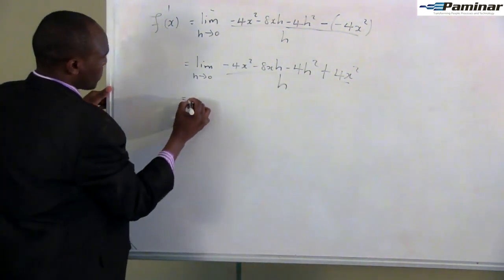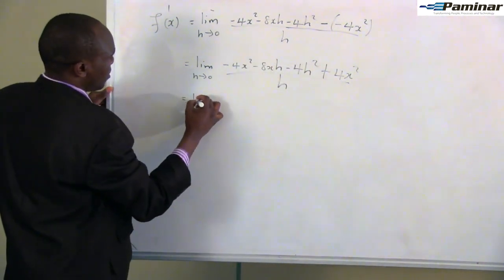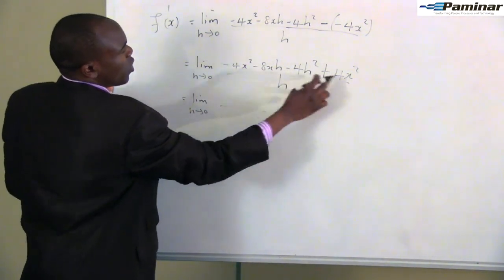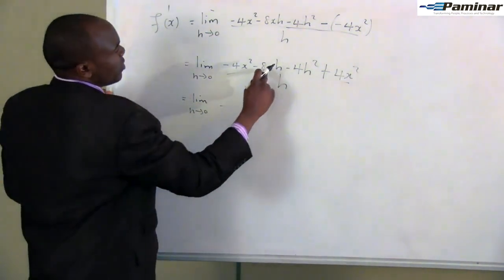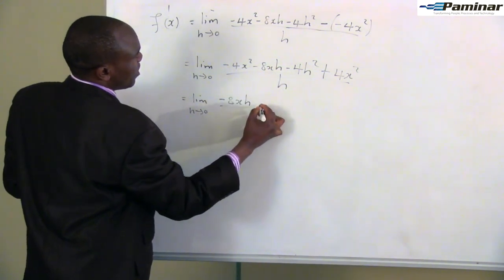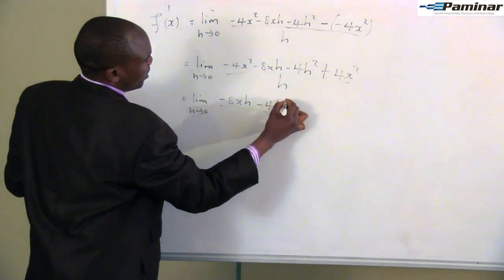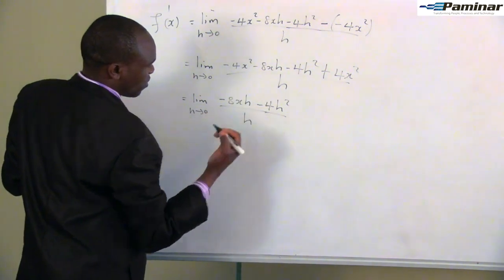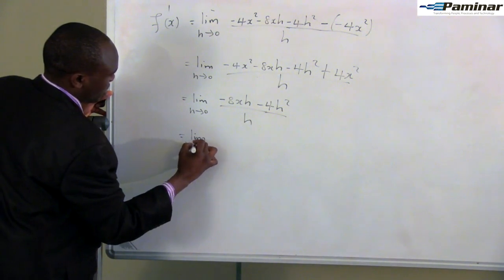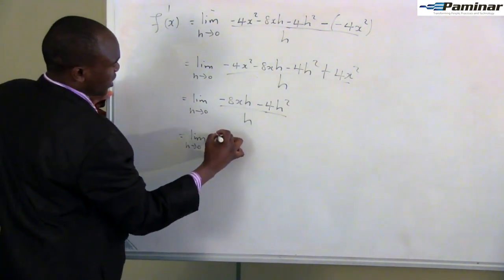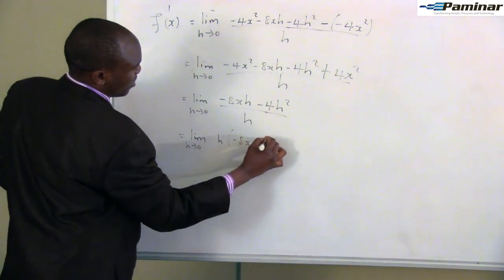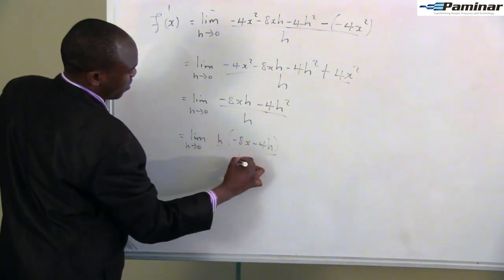Alright, so now the limit as h approaches 0. Now this one goes, alright? And then we are going to remain with minus 8xh minus 4h squared, all over h. Now we're going to have the limit as h approaches 0. Now let's factor out h: h times minus 8x minus 4h over h.